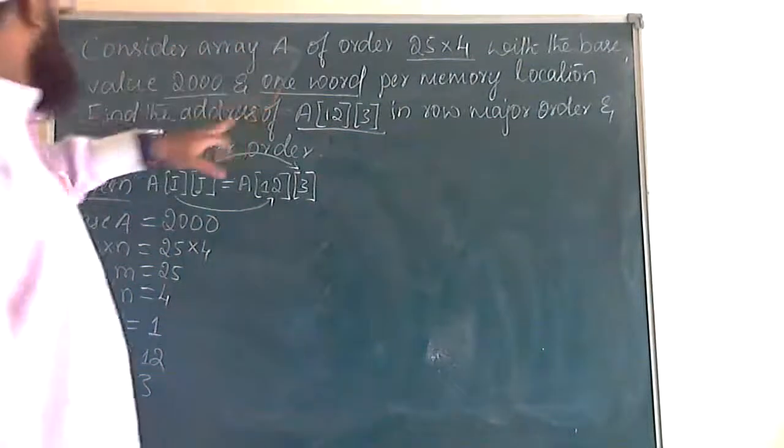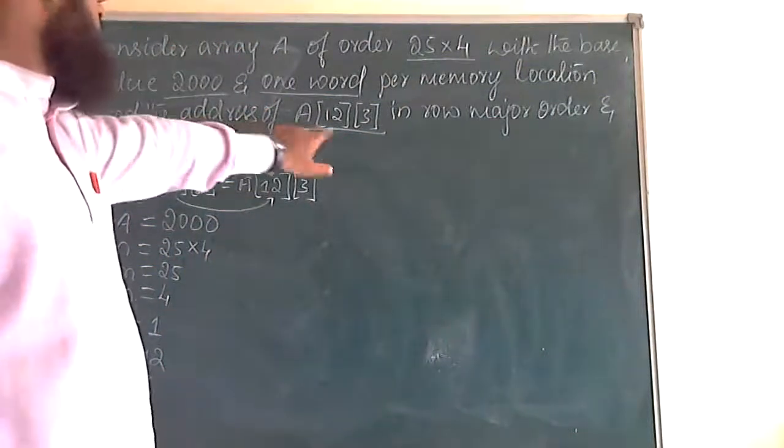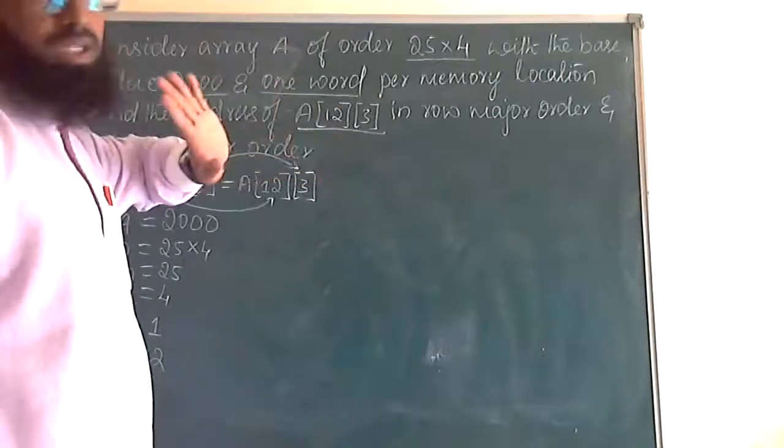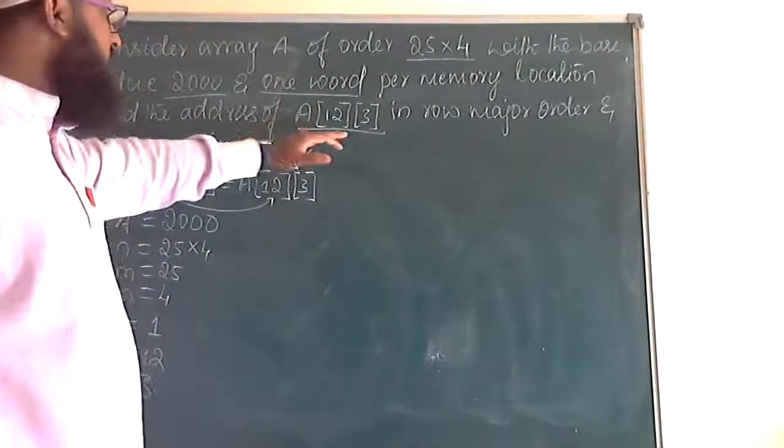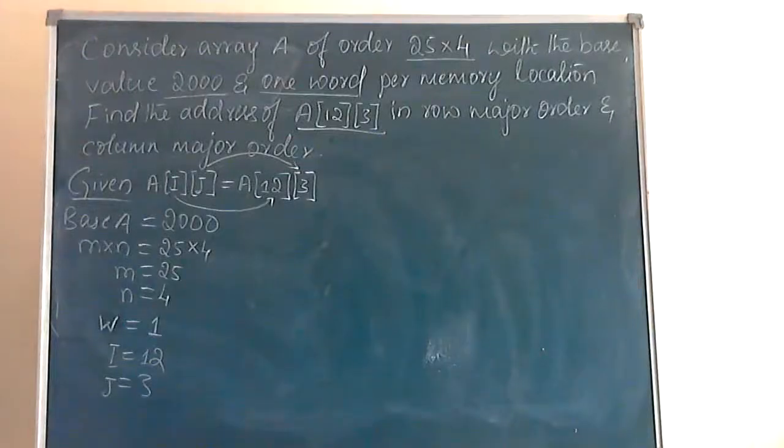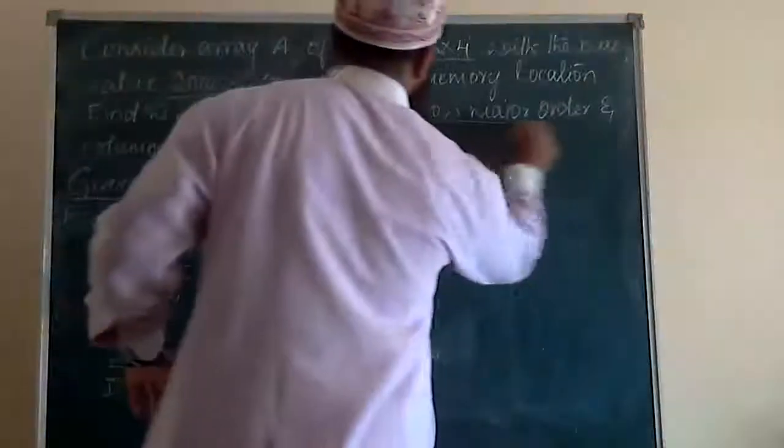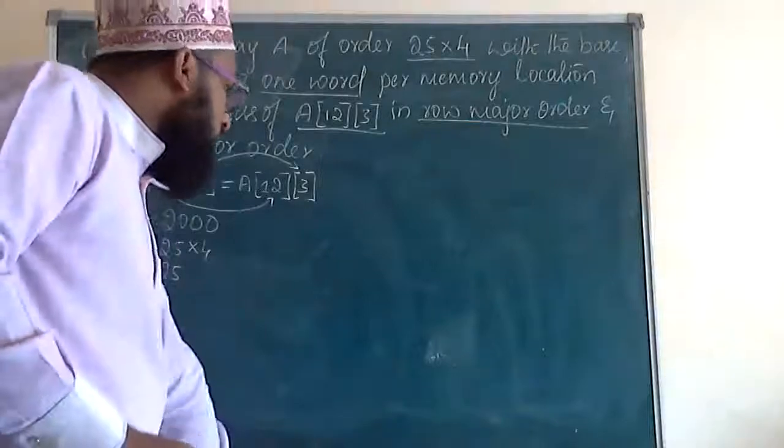Consider, find the address of this element here, a of 12 into 3. In which address this element is present, we need to find out. First, take row major order. Take the row major order formula.